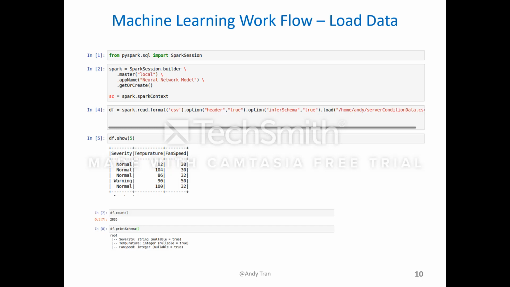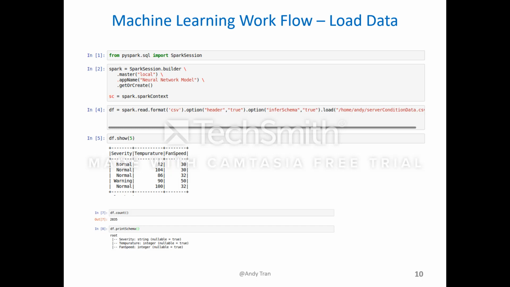So once you get the warning output from this model, you can start going in and taking a look at your system instead of getting a critical and pretty much it's too late.